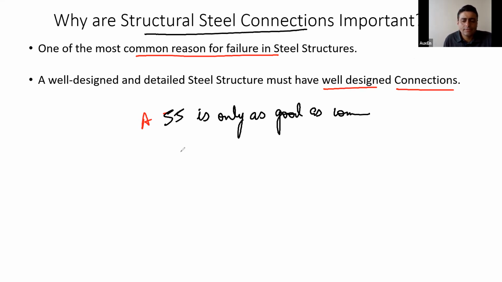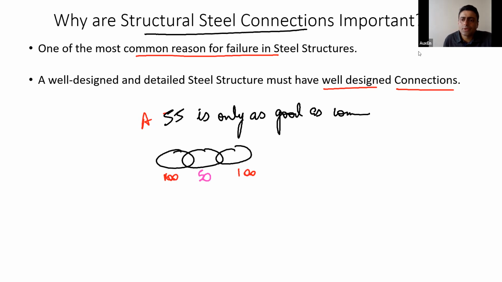You must have seen this chain link example also. Let's say this is my chain link, and this has a capacity of 100, this has a capacity of 50, and this has a capacity of 100.